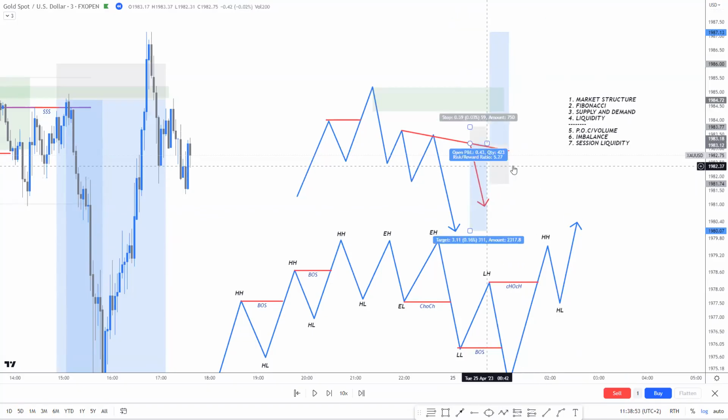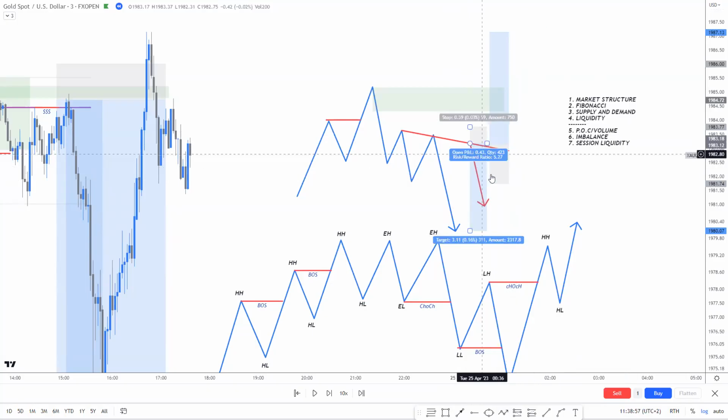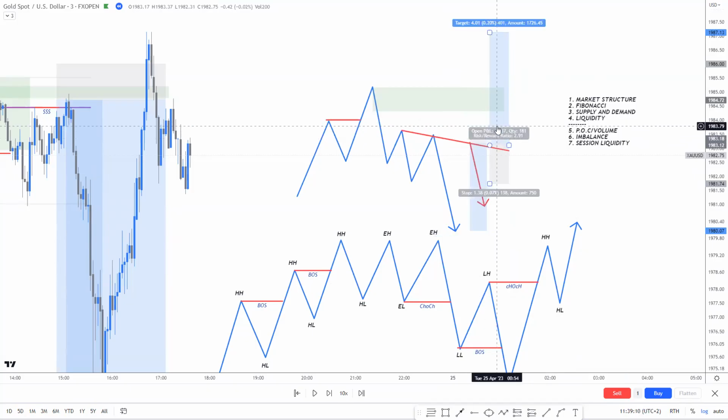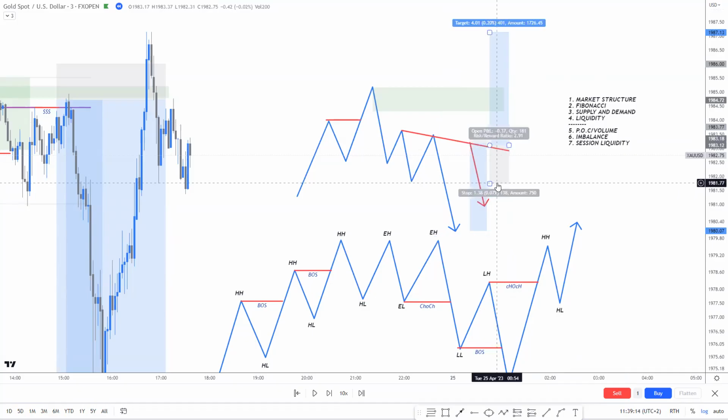Do you understand that? So people are selling here, okay? Stop loss is a buy order, okay? Which means there's plenty of buy orders to take here, and people are buying and selling, and stop losses, which are sell orders, are here, okay?